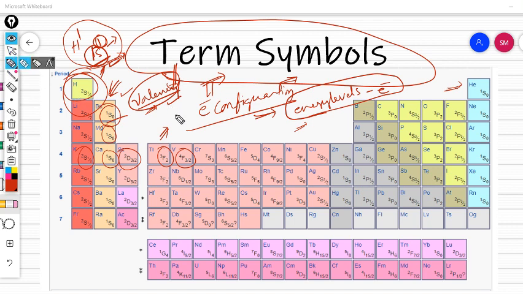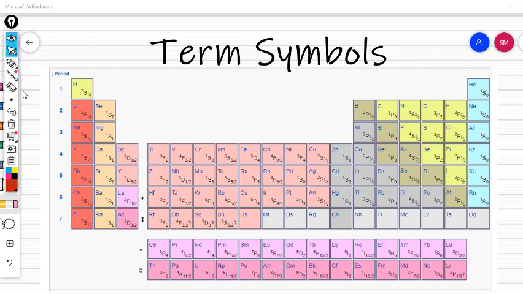It is basically the electronic notation of the valence electrons. Now we are going to see how to express the term symbol.